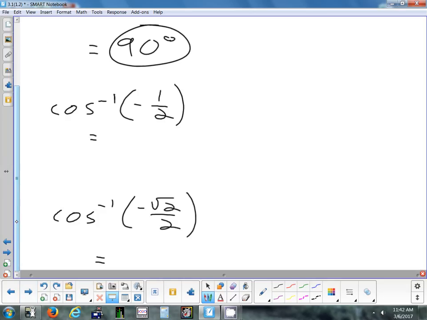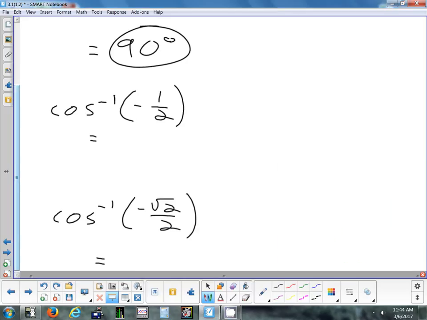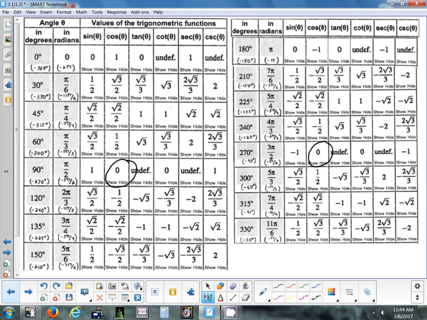All right, so try those two. We're not going to do as many with inverse cosine. Same idea as inverse sine. You're just looking them up. See if you can find the inverse cosine of negative 1/2 and the inverse cosine of negative root 2 over 2. All right, so let's look up inverse cosine of negative 1/2.